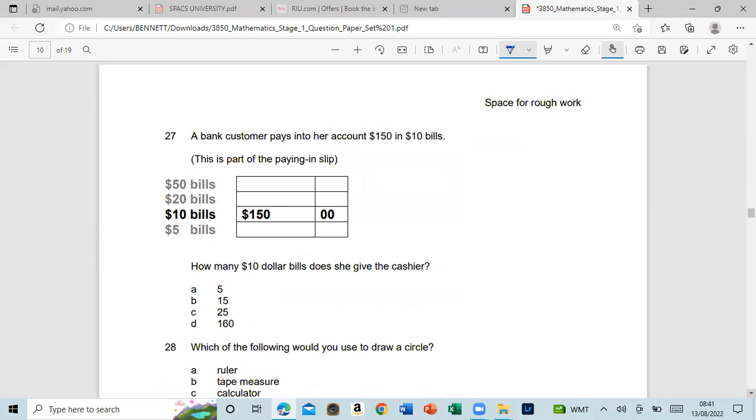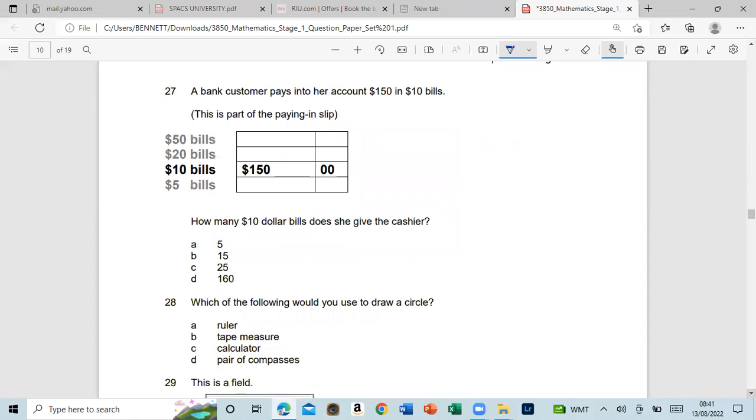All right, 27 now. A bank customer pays into her account $150 in $10 bills. This is part of the paying in slip, right? How many $10 bills does she give the cashier?